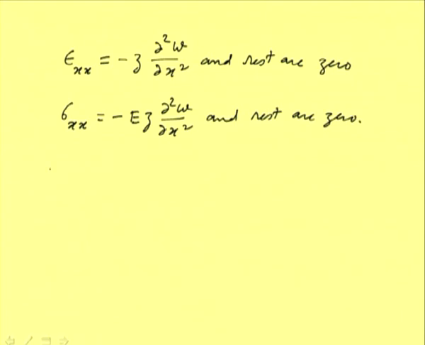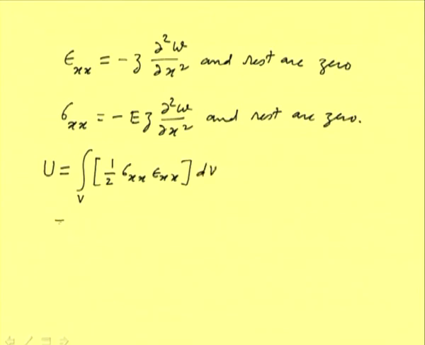Using this, we can get the potential energy of the system, which is the summation of the stress and strain products, because the other components are 0, so we will not be having those components.